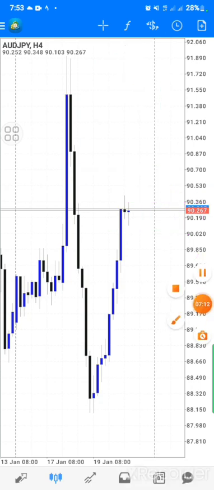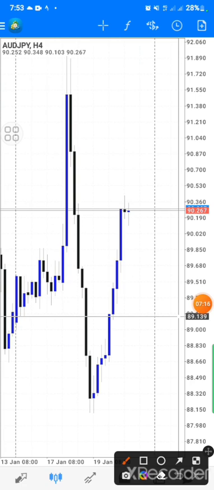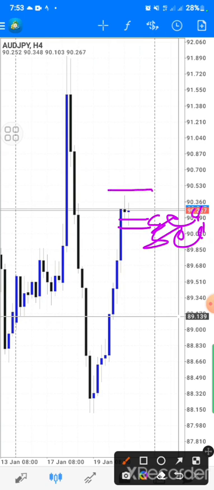Or you wait. After the first candle, let's say the price closes here, you sell. Or it closes here, you still sell. Then your stop loss will be here.